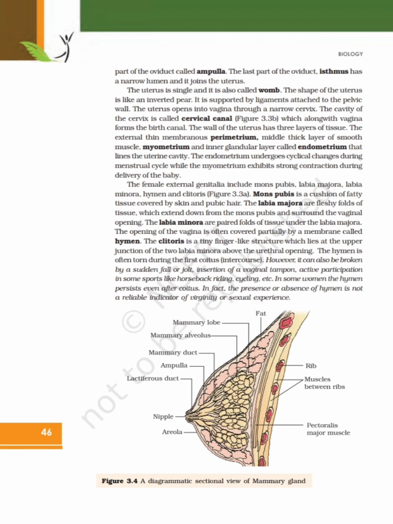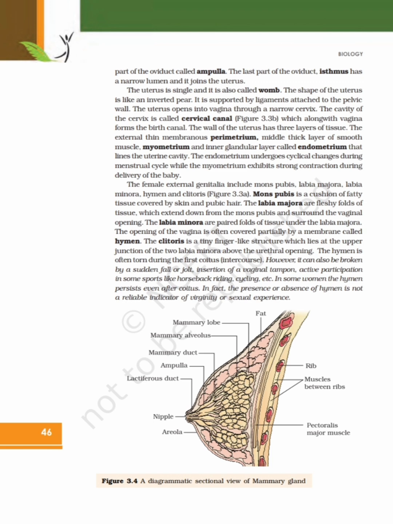Labia majora is a fleshy fold of tissue which extends down from the mons pubis and surrounds the vaginal opening, as I am reading from NCERT.